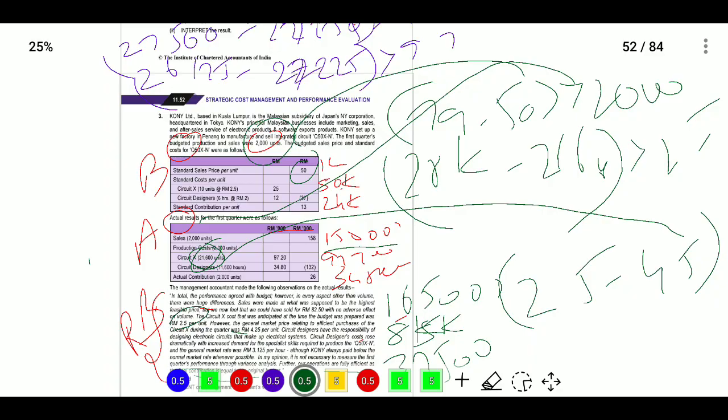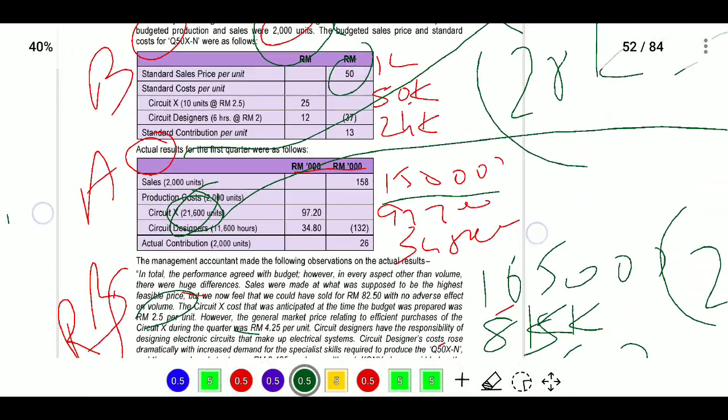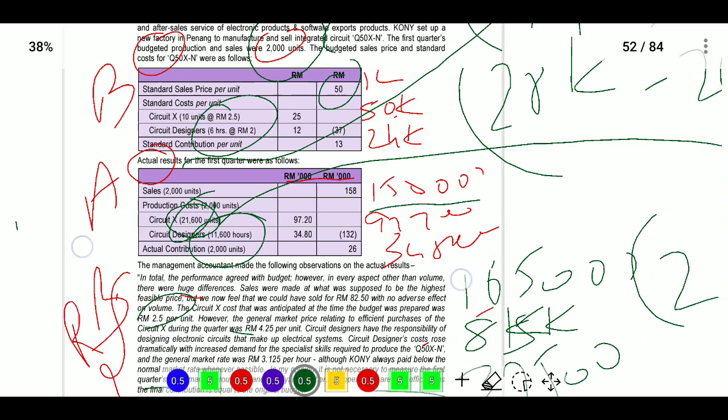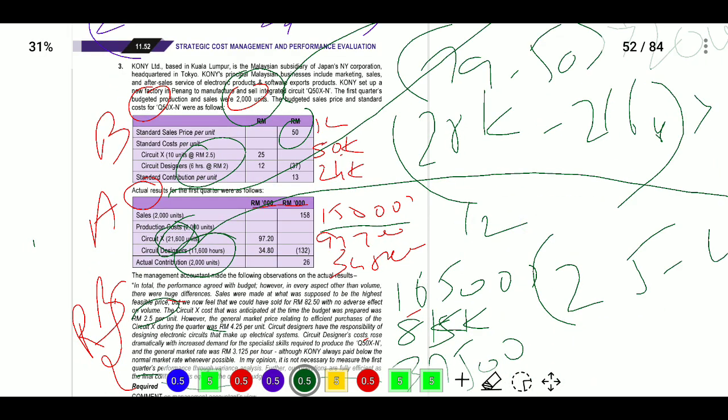Okay, we got the sales variance, the circuit X price variance and circuit X usage variance, and now we have the customer design. What happens in customer design? It is 6 hours into 2000 units, so 12,000 hours, and here they used 11,600. So 12,000 hours minus 11,600 into the standard price, at the rate of 2 rupees.